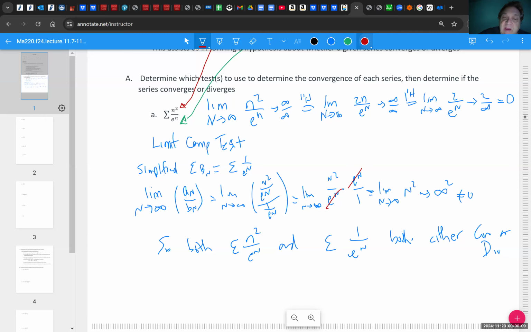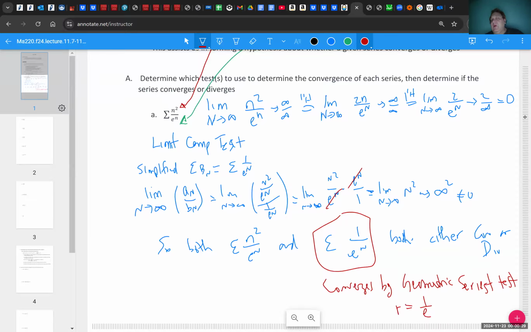However, we know this guy converges by the geometric series test, because it has an r value of 1 over e. If you have an exponential type function, the base of that thing, which in this case is 1 over e, determines whether it converges.